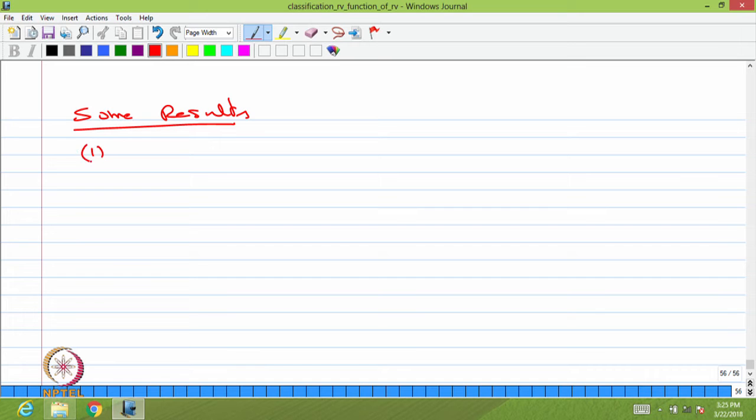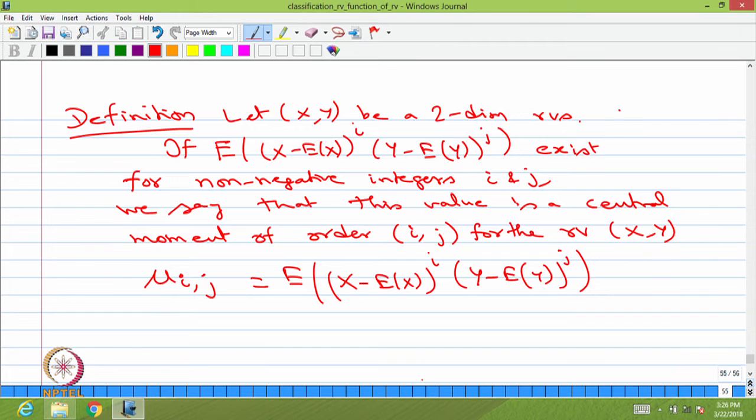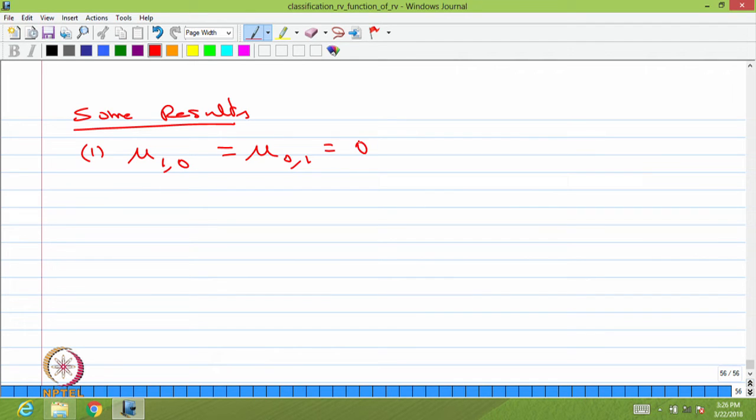The first result is if you substitute i is equal to 1 and j is equal to 0, or you substitute i is equal to 0 and j is equal to 1 in the definition, in both situations you will get the value 0.